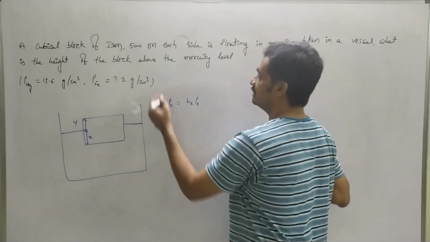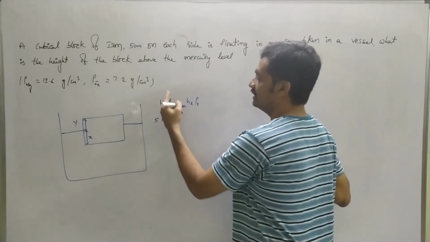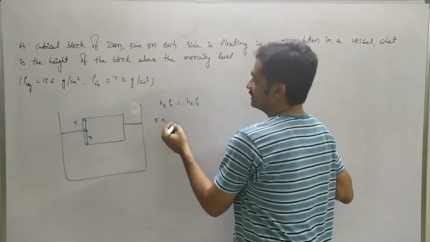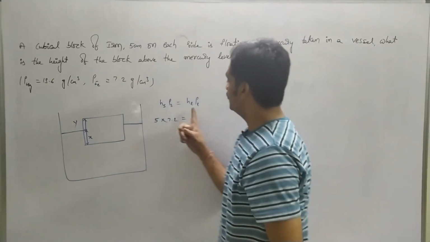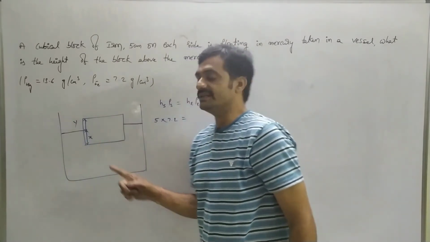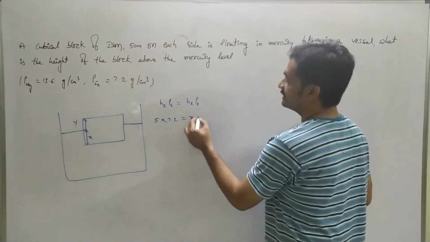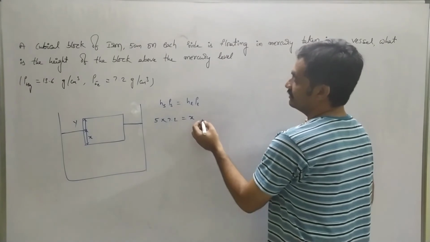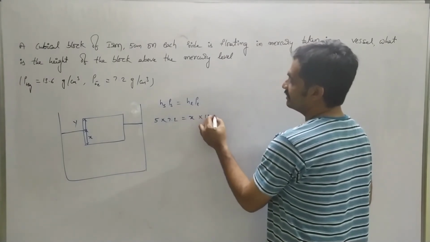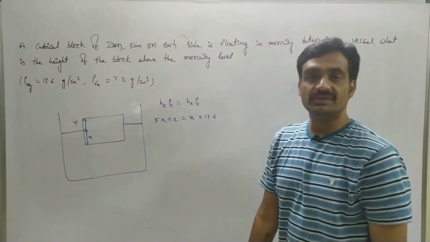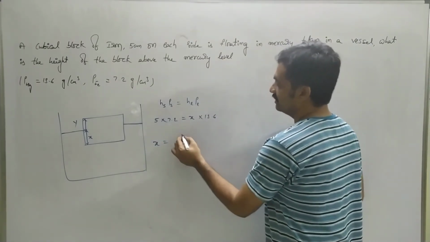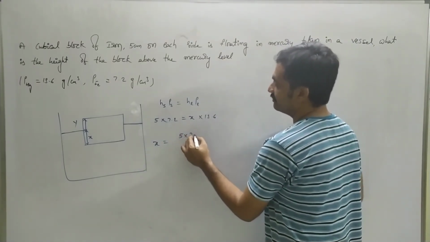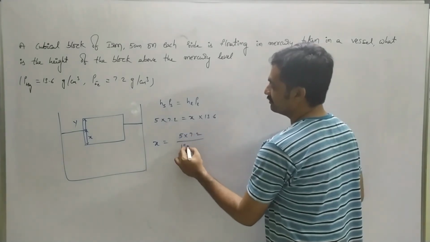So height of the solid body is 5 into density of the solid body 7.2 is equal to height of the body in the fluid x into density of the fluid 13.6 gram per centimeter cube. So from this expression x is equal to 5 into 7.2 by 13.6.